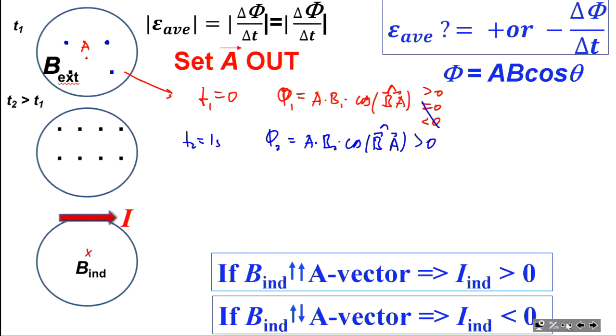The area vector, of course, remains out. But now you want to compare two numbers, flux number 2 versus flux number 1. Again, two numbers, which means we only have 3 options: greater, equal, less.